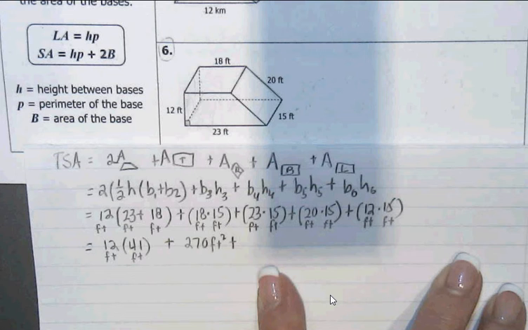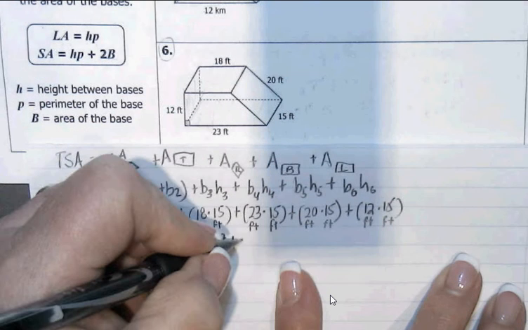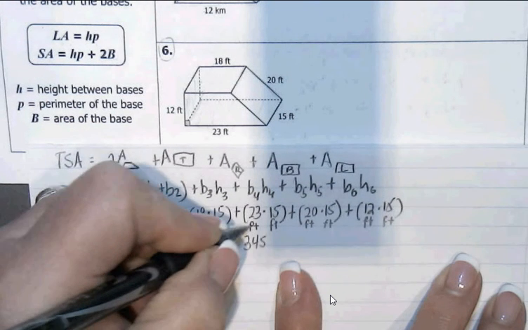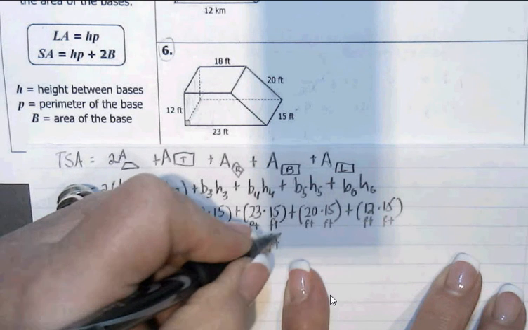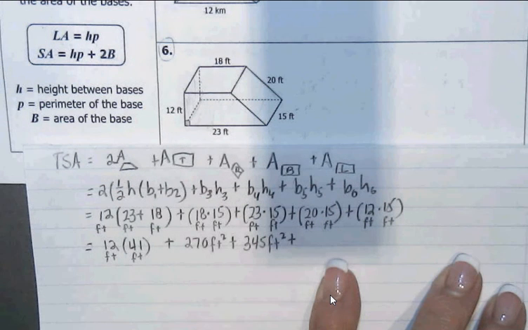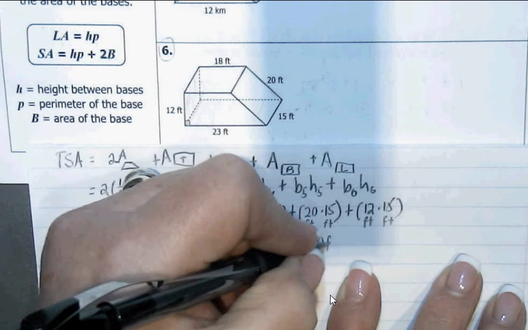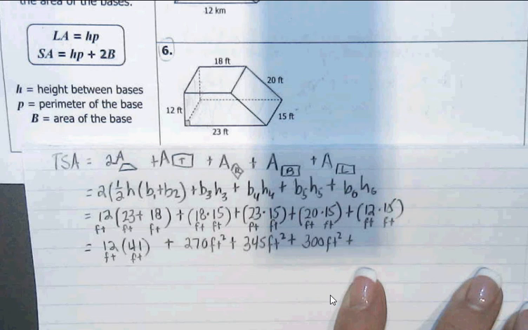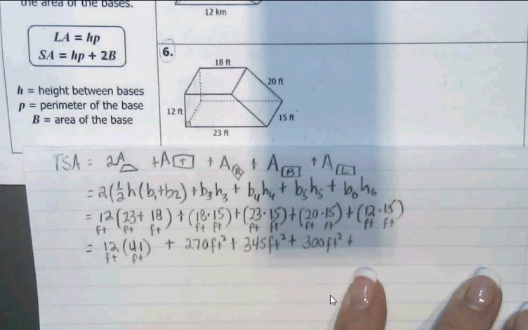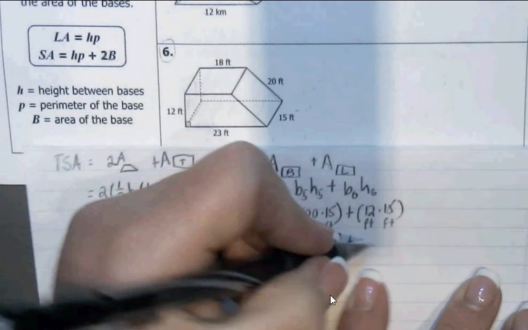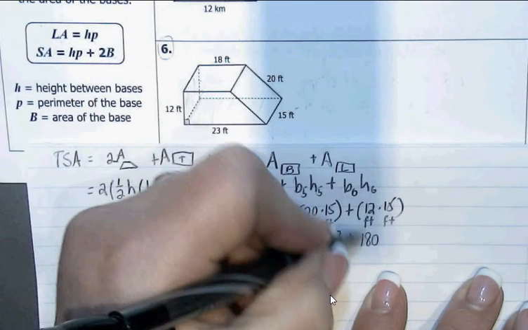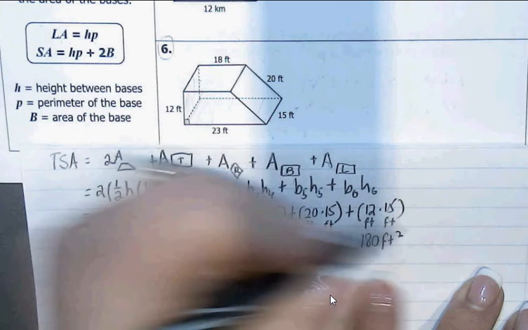And 23 times 15 is 345, feet times feet, square feet. And 20 times 15 is 300, feet times feet, square feet. And 12 times 15 is 180, feet times feet, square feet.